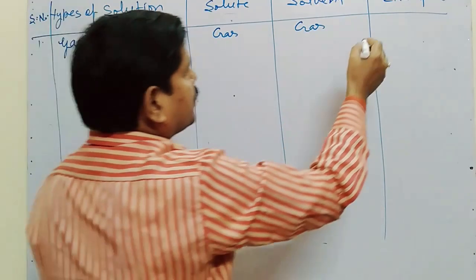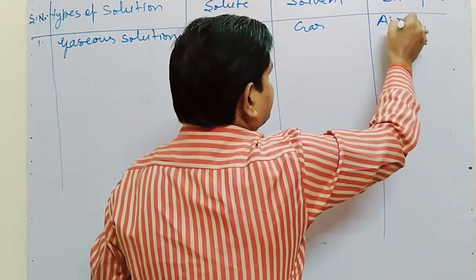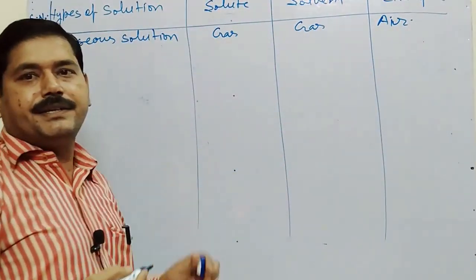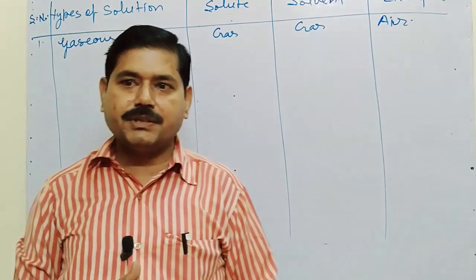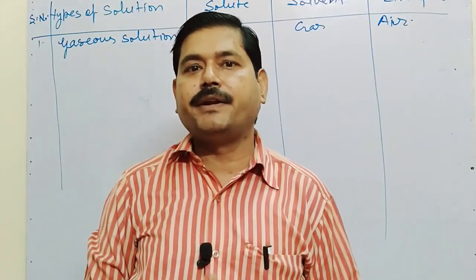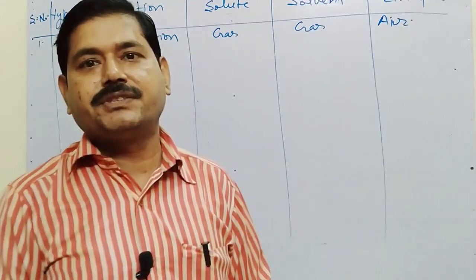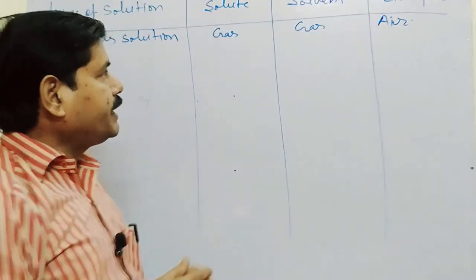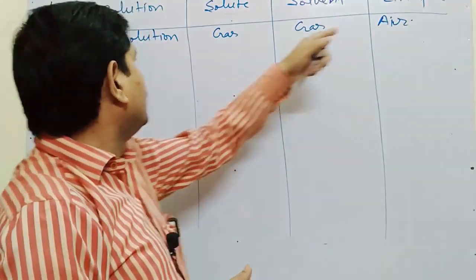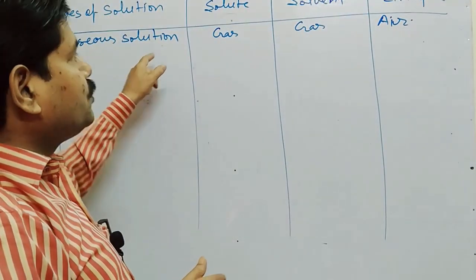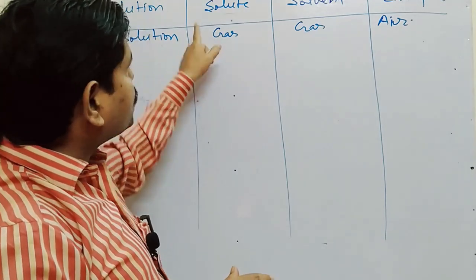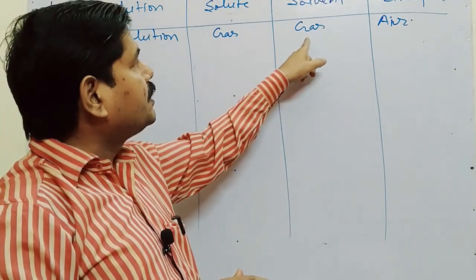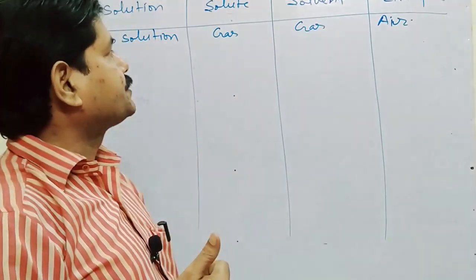The example is air. In air we find 21% oxygen, 78% nitrogen and 1% other gases. So air is a gaseous solution in which the solute is gas and the solvent is also gas.